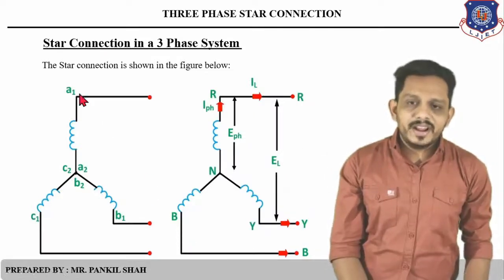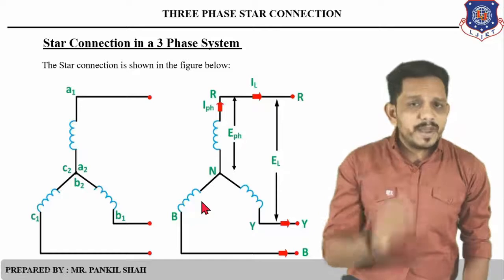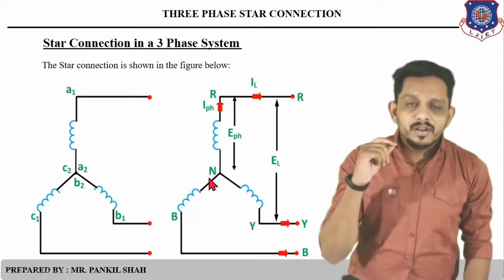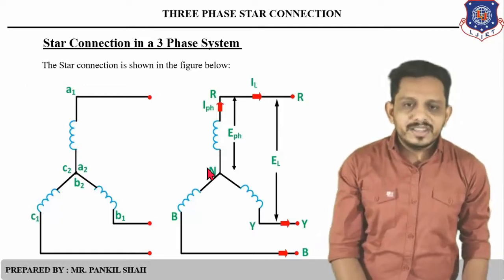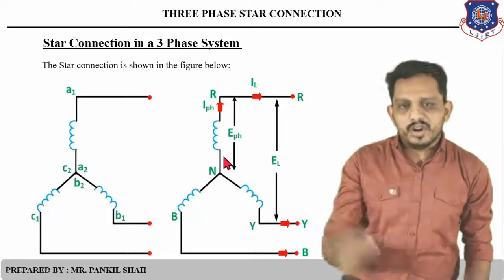So a wire is taken out from these three line terminals. Now let's discuss these four parameters in this figure. First parameter was the phase voltage EPH, and the definition was the voltage measured between each line and neutral. So you can see here, this is the first line and this is neutral. So the voltage across this coil is known as the phase voltage.